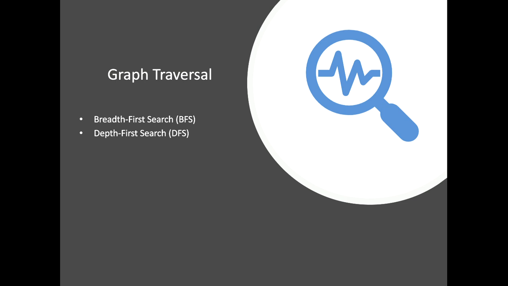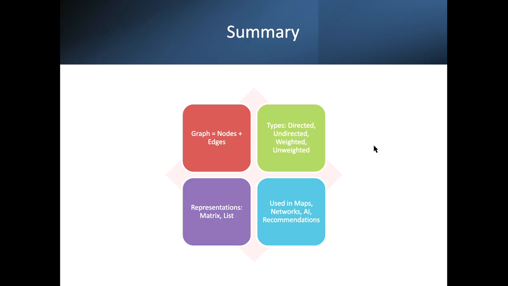Number one is breadth first search, BFS, and depth first search, DFS. These are the major types for traversing and searching for any node value from a graph. We will discuss this further in another video.